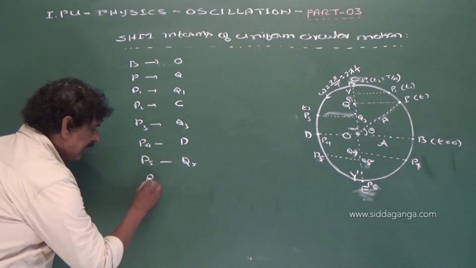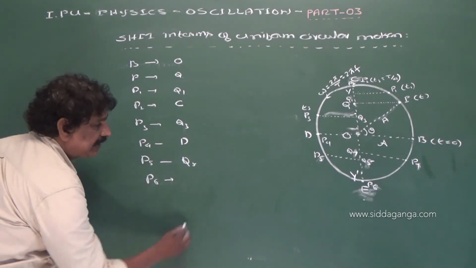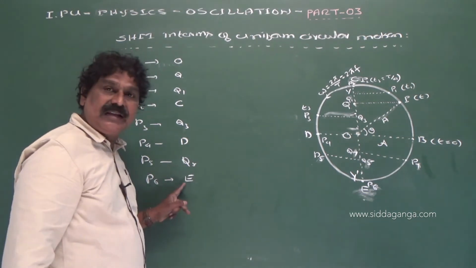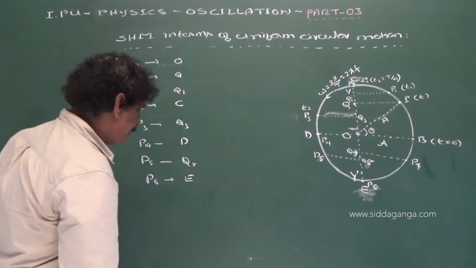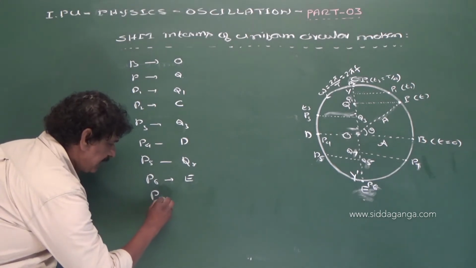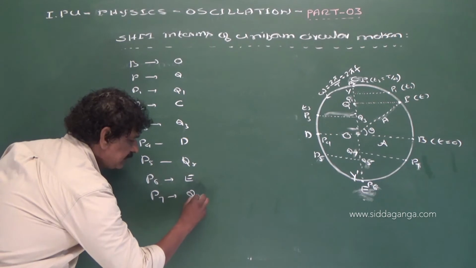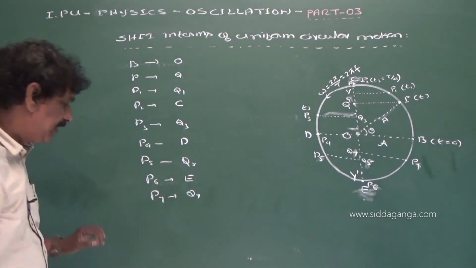When the particle is at position P6, then we have E. The foot of the perpendicular reaches the position E. When the particle is at P7, the foot of the perpendicular is at Q7.